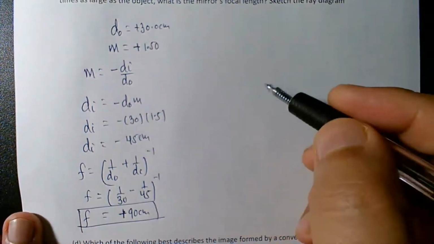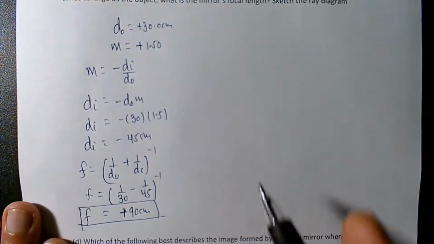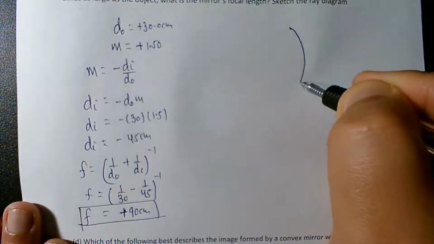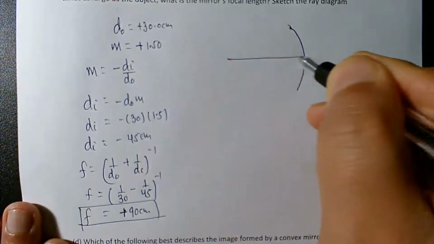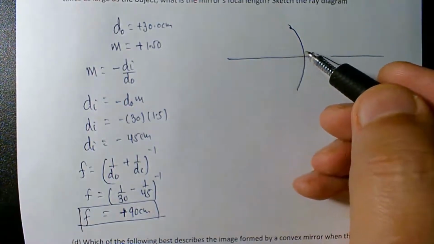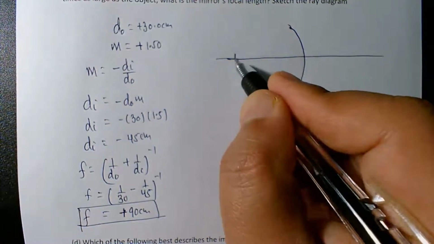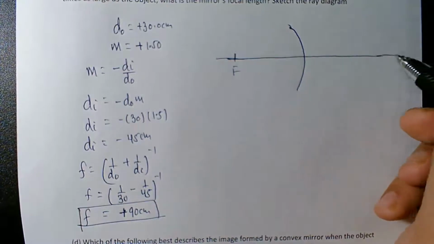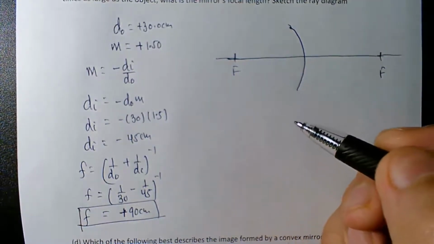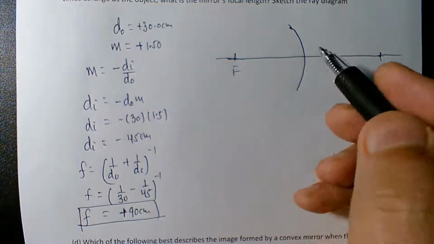And then sketch the ray diagram. So the ray diagram will be something like that. This is the concave mirror. This focal length is 90 centimeters, really long actually. So let's say this is 90, symmetrical, and you place an object at 30 centimeters.